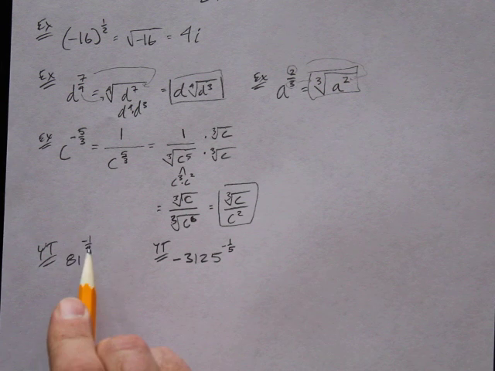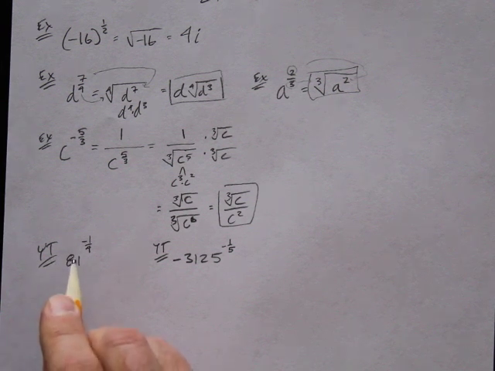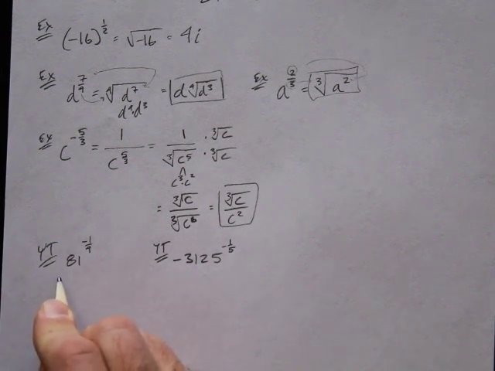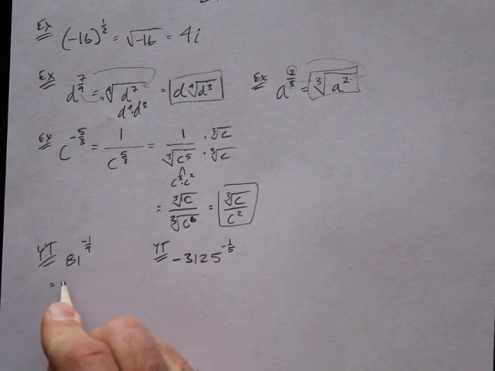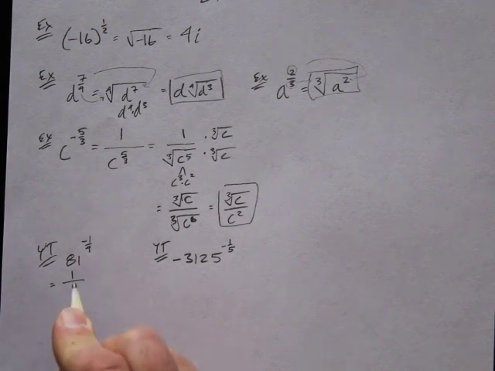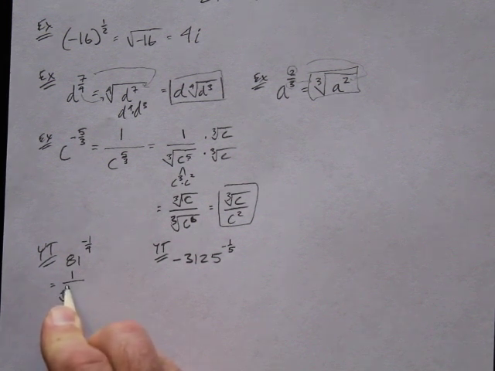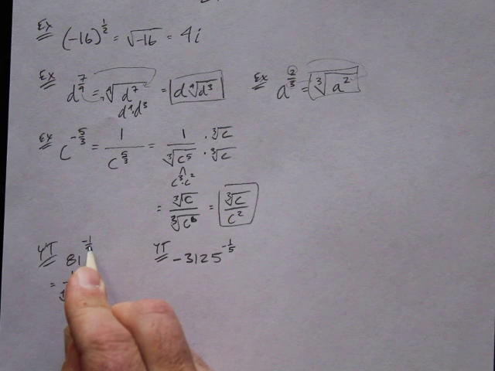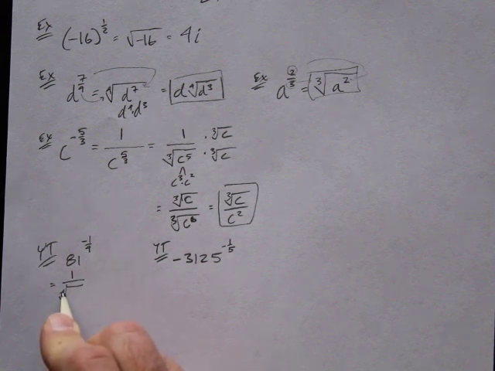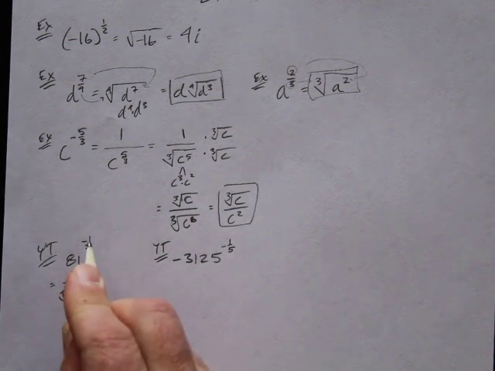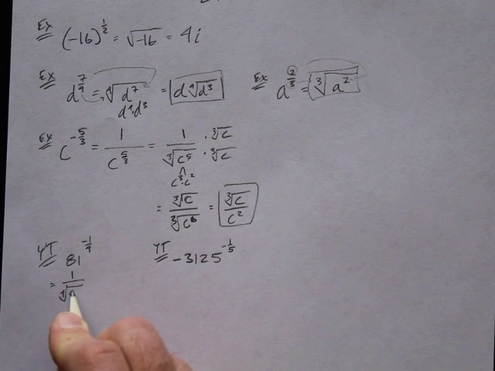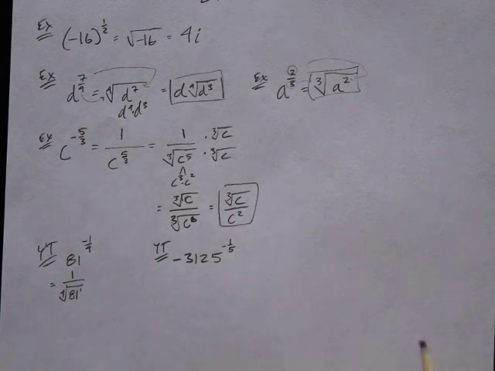All right, so this one here, I'm going to first rewrite it as 1 over the 4th root. So the 4 goes here for the index number, and the 1 just goes with the 81 like that, to the 1.